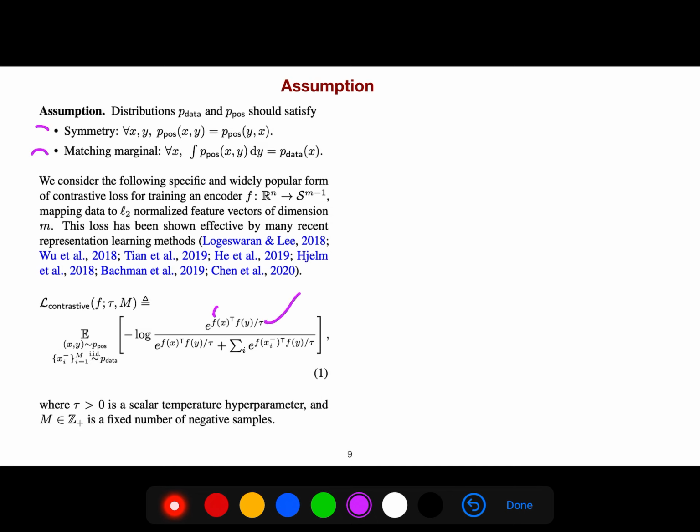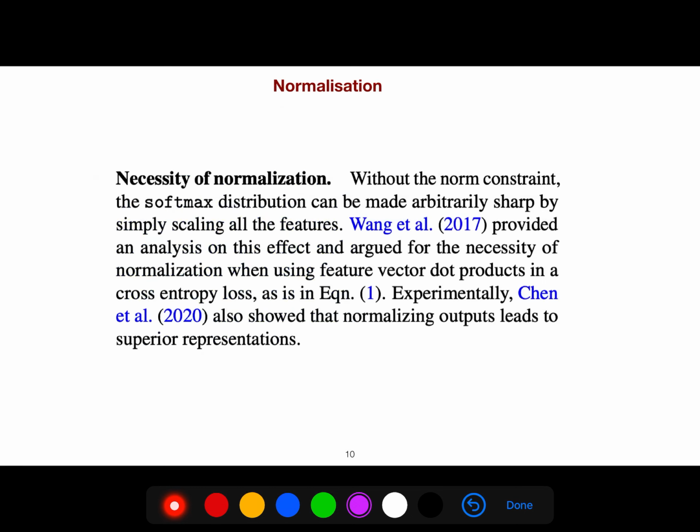And tau is the temperature hyperparameter. There is a necessity of normalization because without the norm constraint, the softmax can be arbitrarily sharp by simply scaling all the features. Wang provided an analysis of this effect and argued for the necessity of normalization when using feature vector dot products in cross-entropy loss.